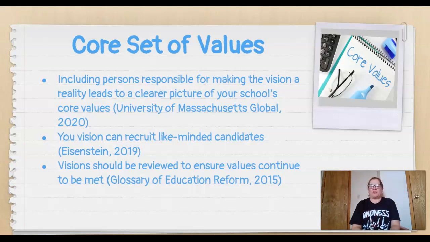You'll know what not only your leadership team's core values are or what they think the school's are, but you get a better vision throughout all of your teachers and staff, and include your students as well. Again, that's going to show you what your core set of values for your school is.